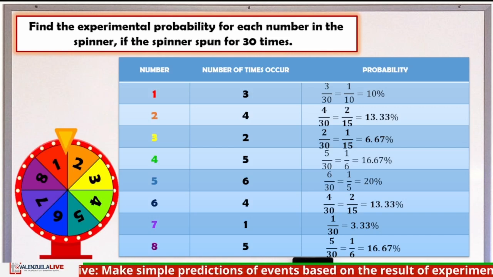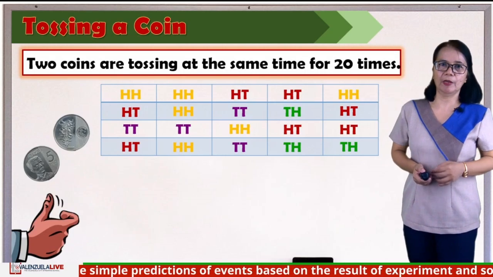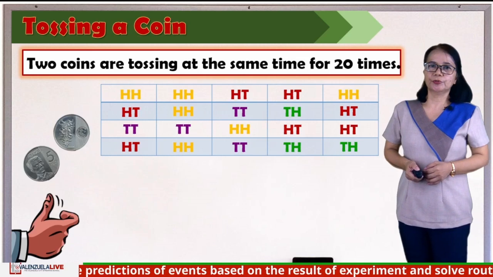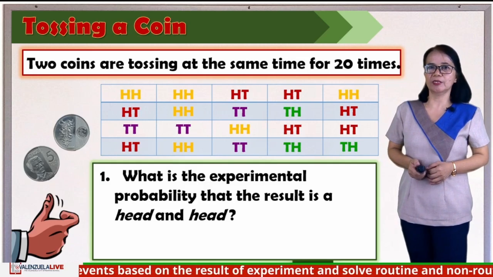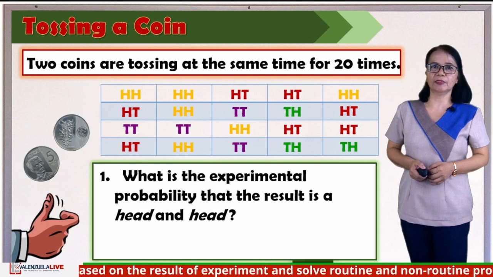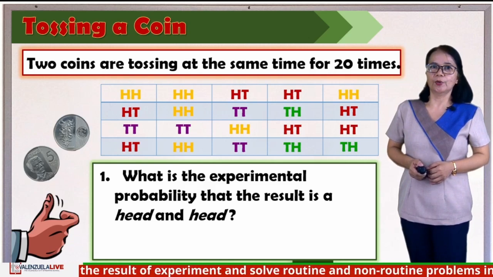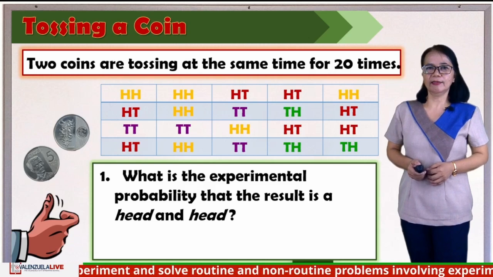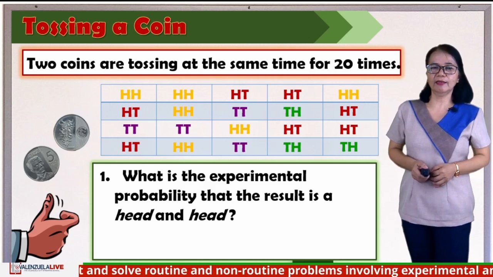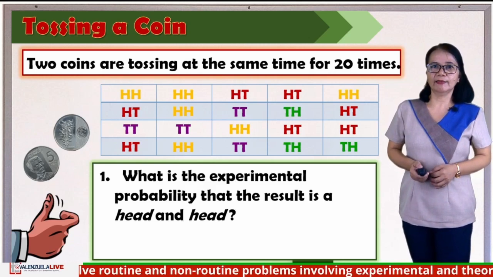For better understanding, we have another problem. 2 coins are tossed at the same time for 20 times. Below are the result of the tossing of coins. Row 1, head and head, head and head, head and tail, head and tail, head and head.